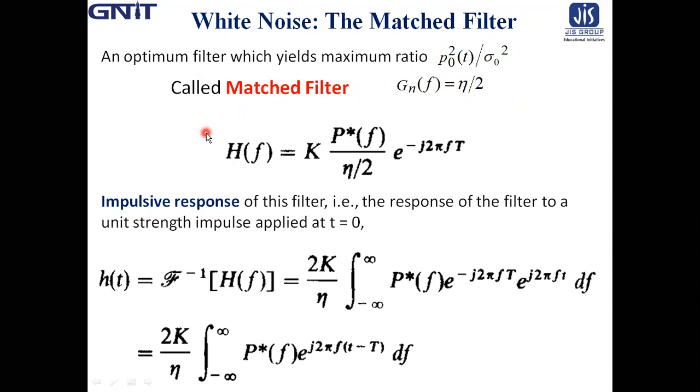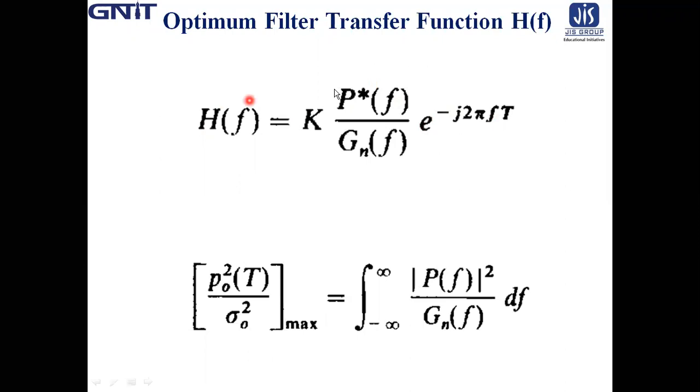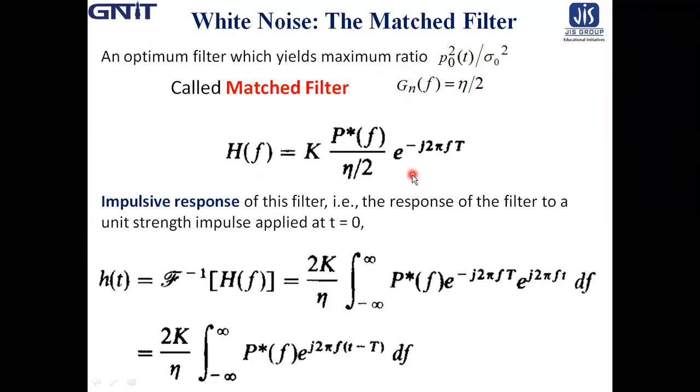And when the input noise is white, that is Gn(f) equal to eta by 2, in the last expression of H(f), we put Gn(f) equal to eta by 2. So H(f) equals K into P star(f) by eta by 2, into e to the power minus j 2 pi f T.